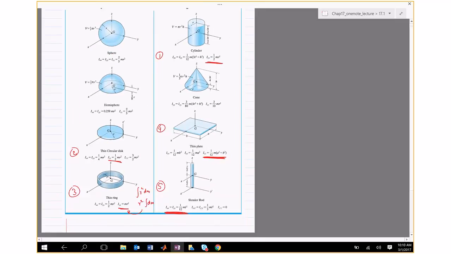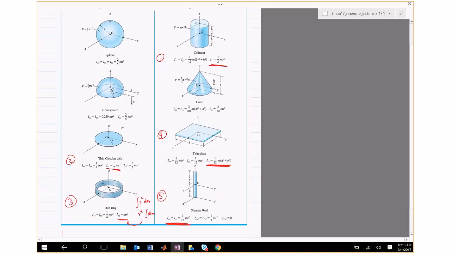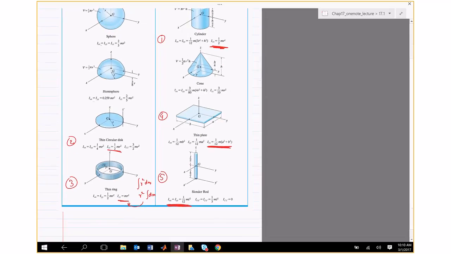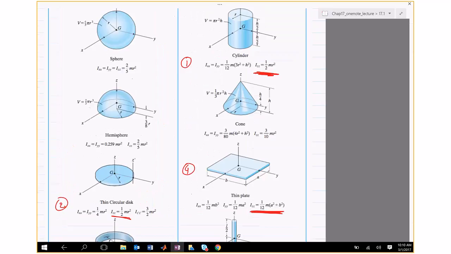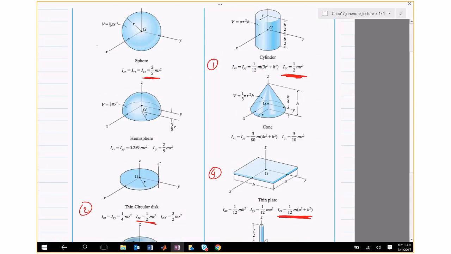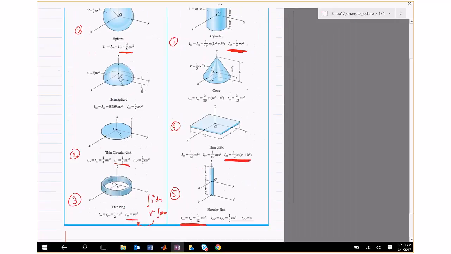Not all of them, though. When I say all of these, I'm not saying you have to remember them all. Don't worry about this one. You just have to remember this formula. I will not expect you to remember all the formulas. I can tell you that these 6 I've highlighted here are the most important ones. Those are the ones you see most of the time in problems, and perhaps this one too. Seven formulas.